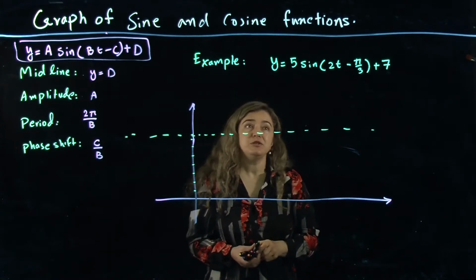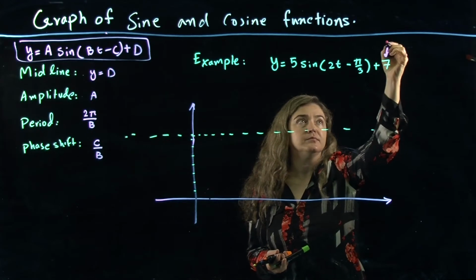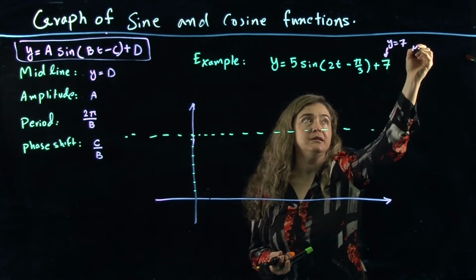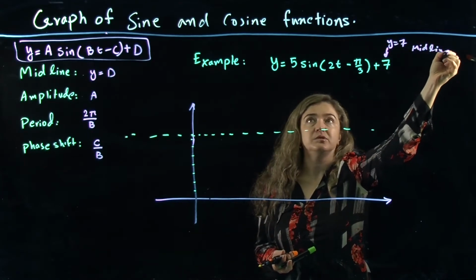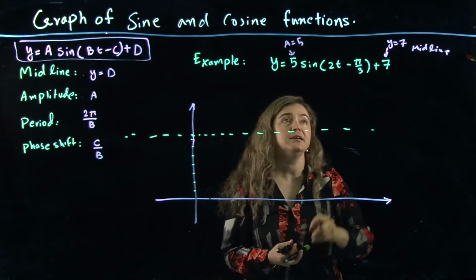Then amplitude, so midline, y equal to 7, midline. Amplitude is equal to 5.